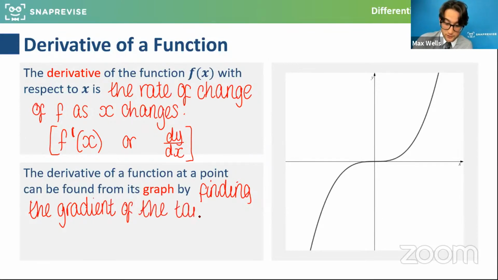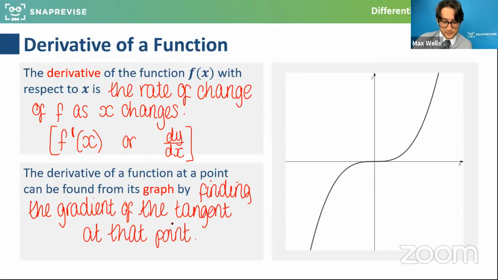Because that was very new to the GCSE, that they make you draw a tangent on and look at its gradient. So finding the gradient of the tangent at that point is the graphical way, but it's a little bit clunky on paper to do it that way. So we're going to find a nice, really simple and straightforward algebraic approach, finding the gradient of the tangent at that point.